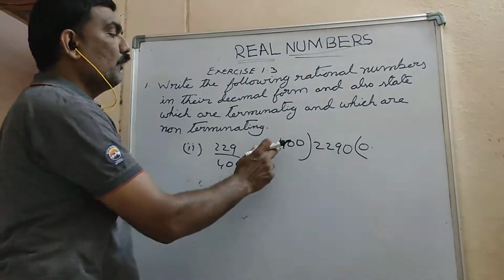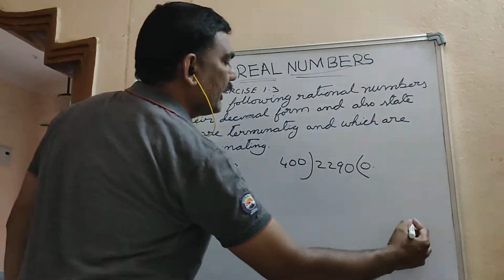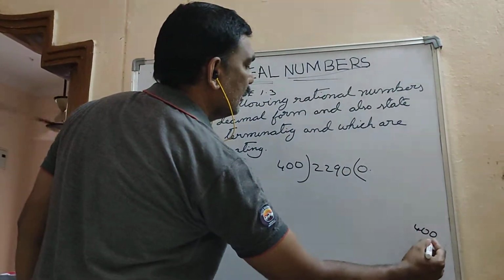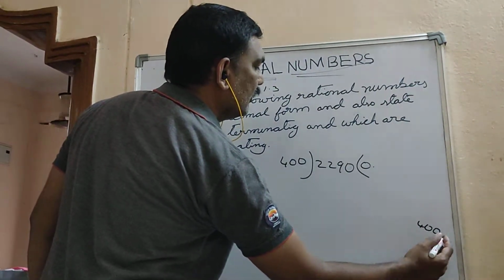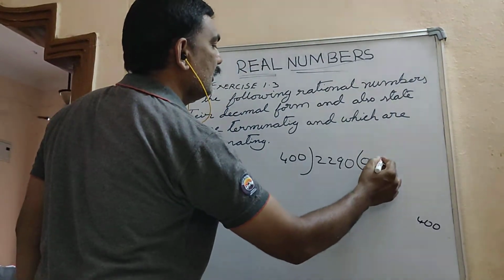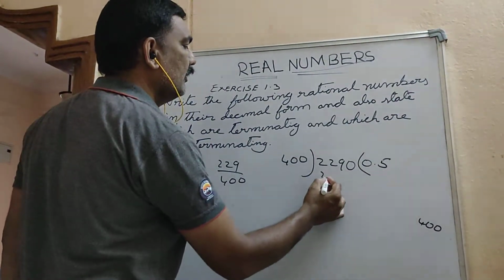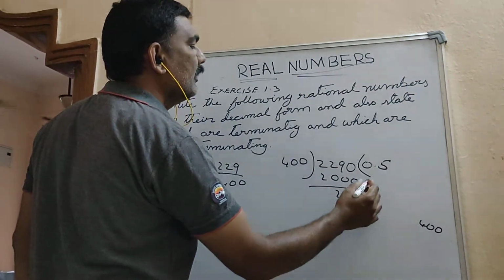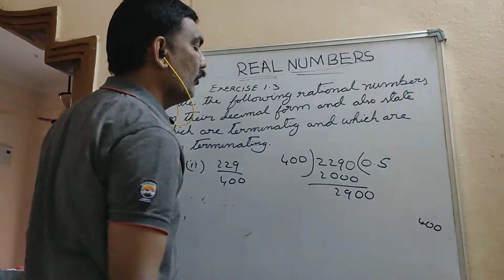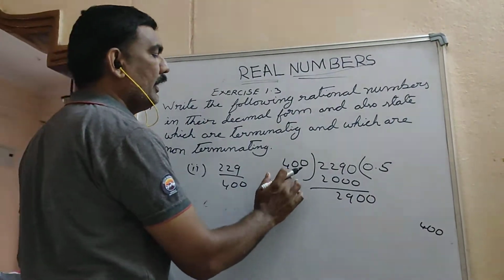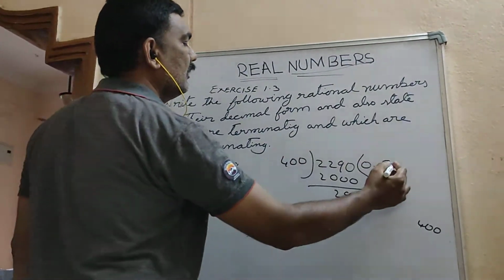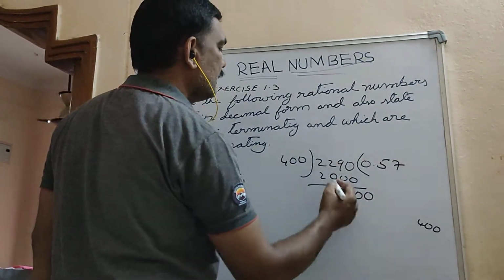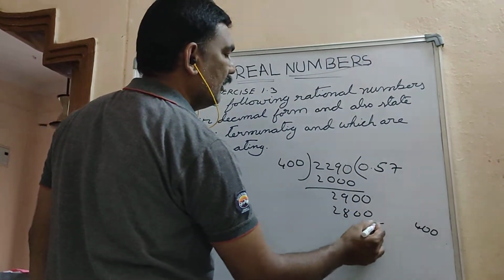2290 and 400. 400 6s are 2400, so 400 5s are 2000. If you do subtraction, 290. As the point is there, you can put one more 0, and 400 7s are 2800.